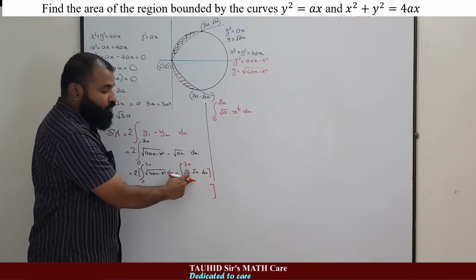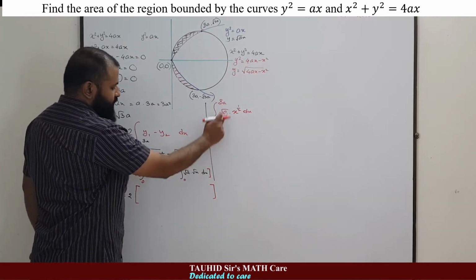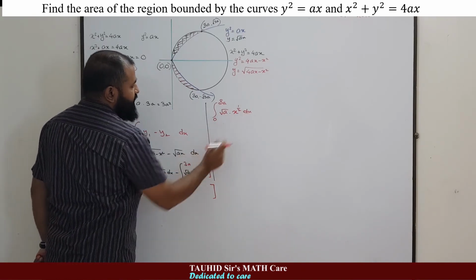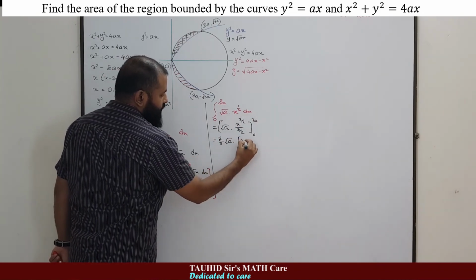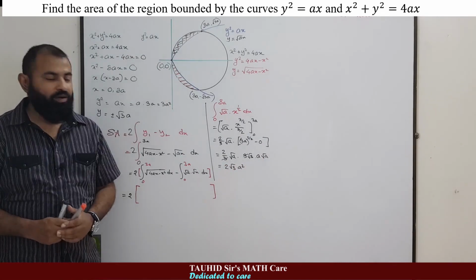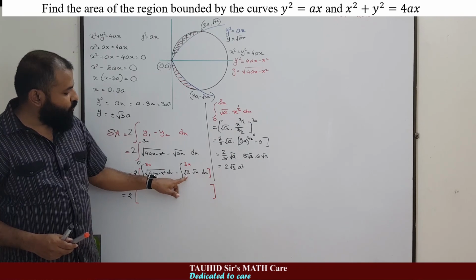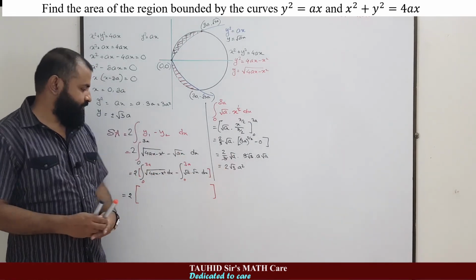At first we will find the value of this, 0 to 3a root x. We can write it as x to the power half dx. Therefore, we found the value of the integral from 0 to 3a of root ax dx is 2 root 3 a square.